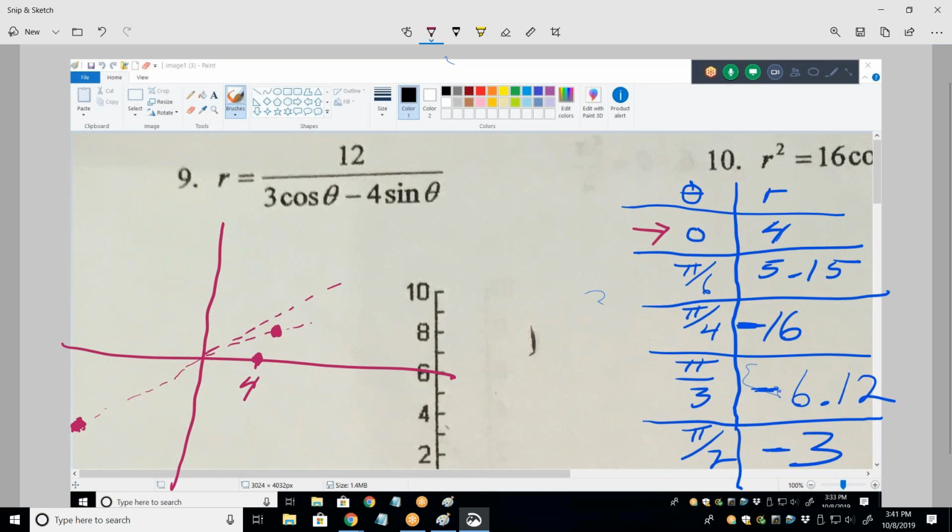Yes, sir. I mean, you understand how to graph a polar coordinate? Yes, sir. Okay, good. And when theta is 60 degrees, r is about right there. Okay. Maybe a little lower. Here, let me bring that down a little bit.